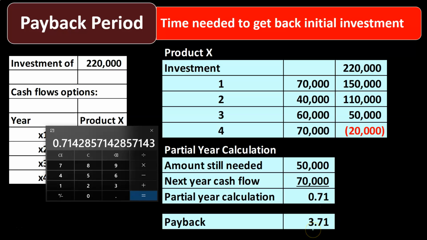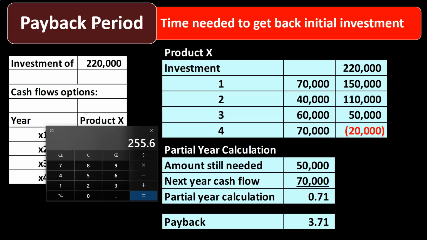So we're talking 3.71 years. Also note that 0.71 could be represented in a test question multiple different ways. They might represent it in days, for example. So that would be 12 times 30, which would be 360 days. 365 is closer to a year, but if you have a nice even year, 12 months times 30 days, 360 days times the 0.71 would give you about 255.6 days.